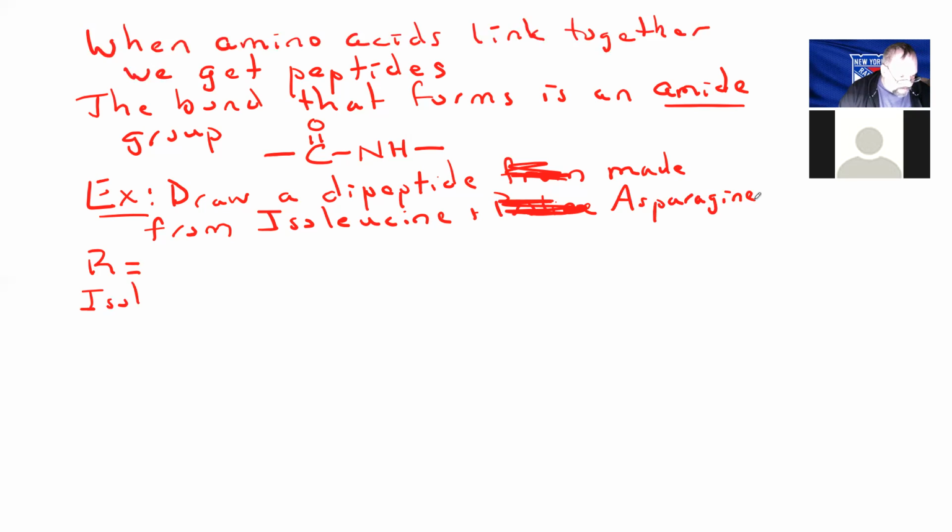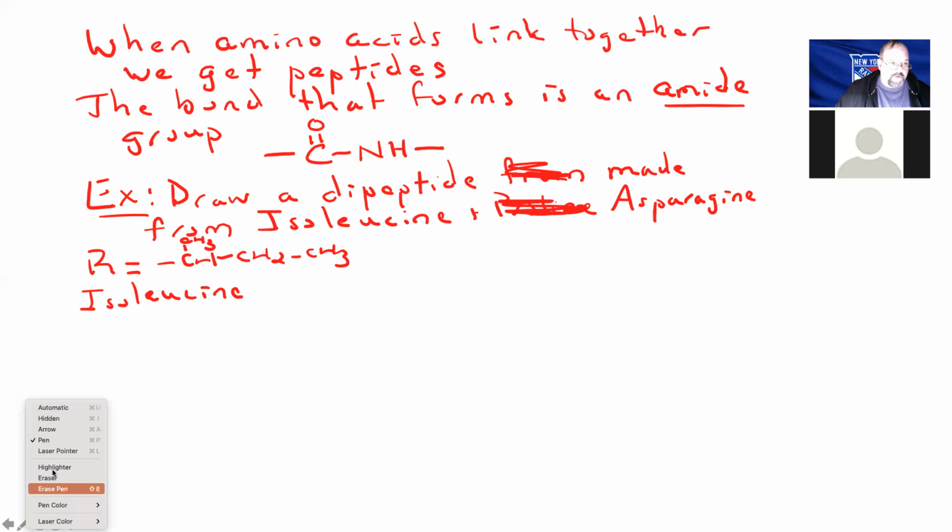So for isoleucine, the side chain is a CH with a CH3 coming off in one direction, and then a CH2, CH3 going in another direction. And I probably should have given myself a little bit more space. So let's just correct what's here.